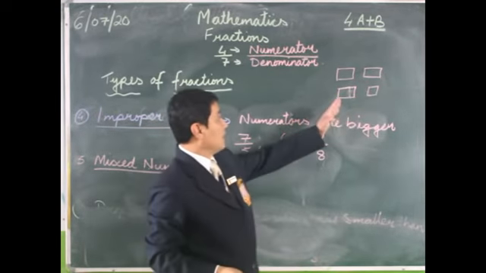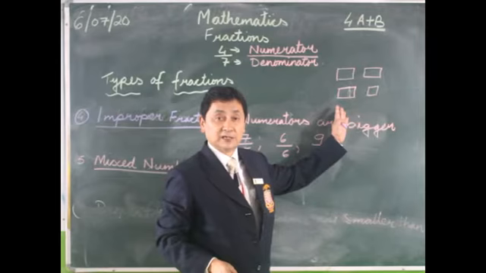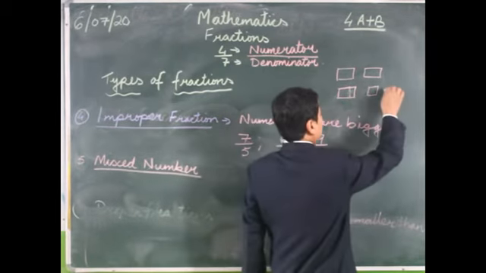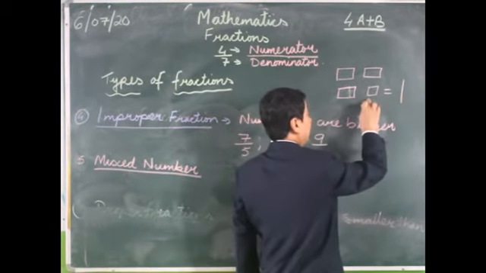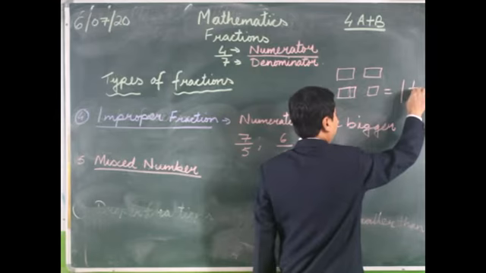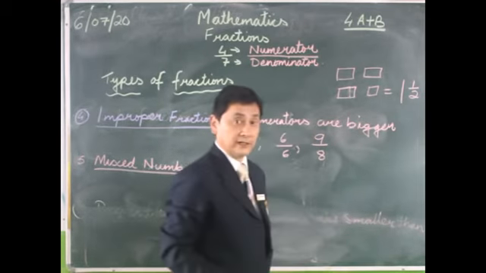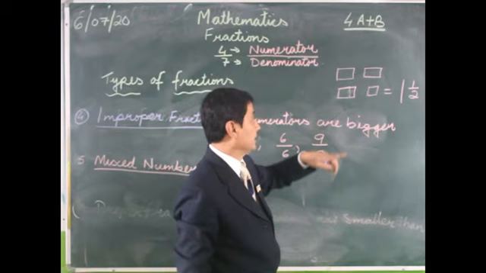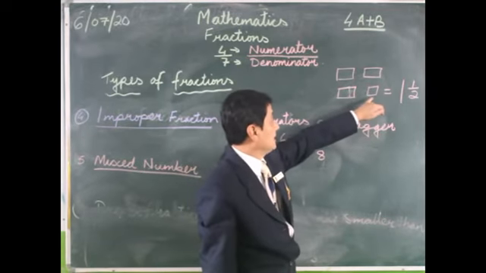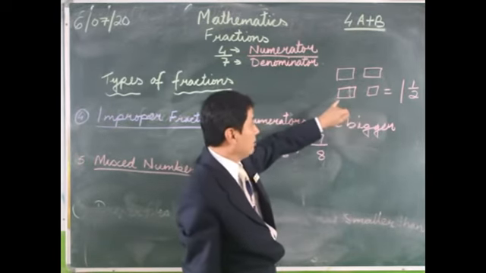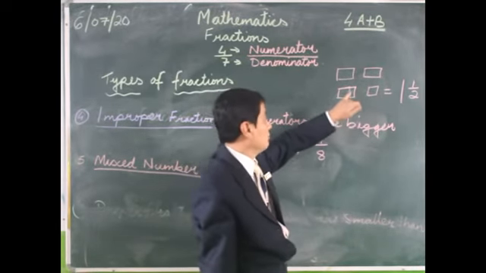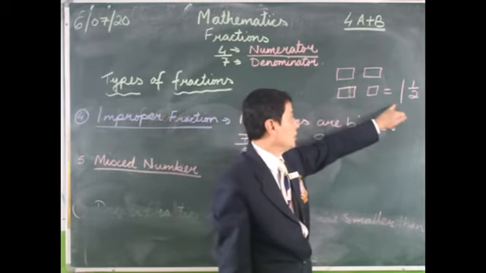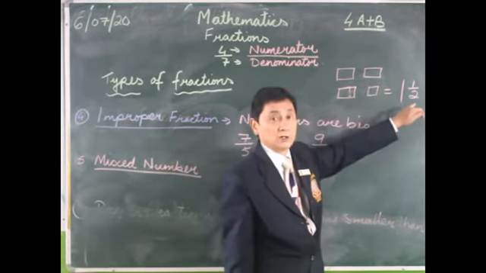So now, how much do you have? You can say you have 1 chocolate, and then you have half chocolate. Okay? First, you had 2 bars of chocolate. After that, you ate half. And now, what remains with you? You have 1 whole chocolate, and you have half a chocolate.